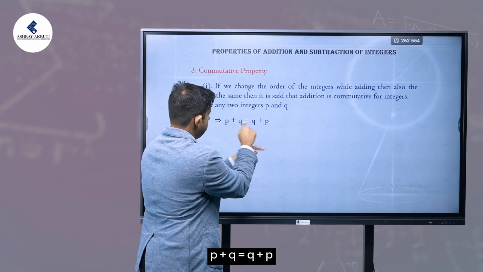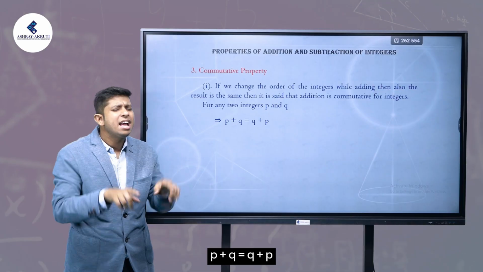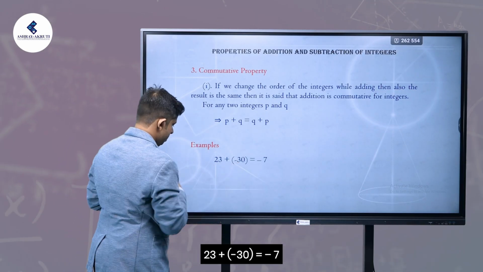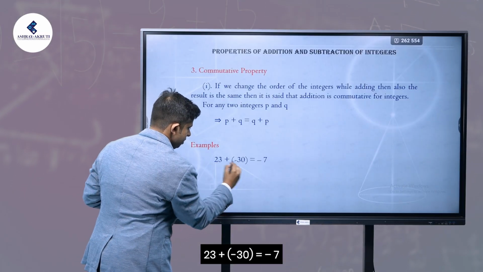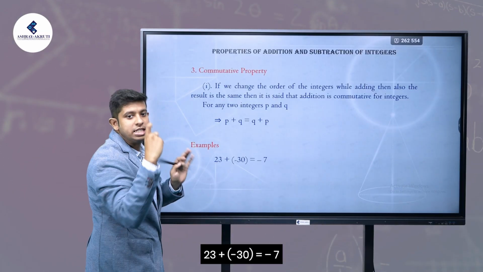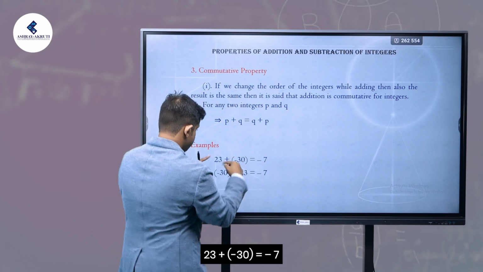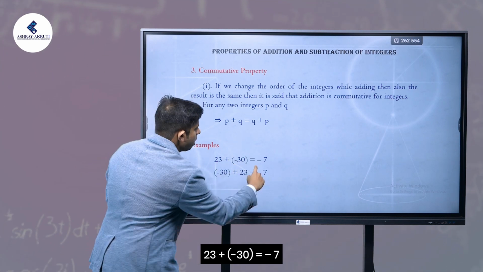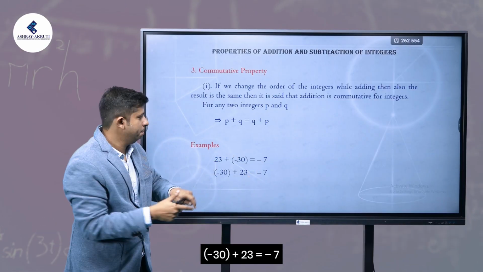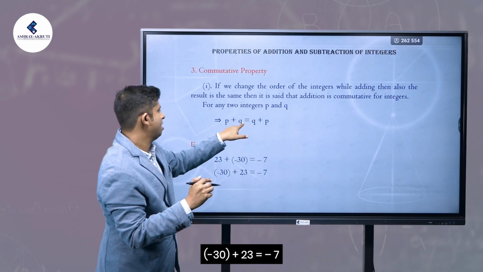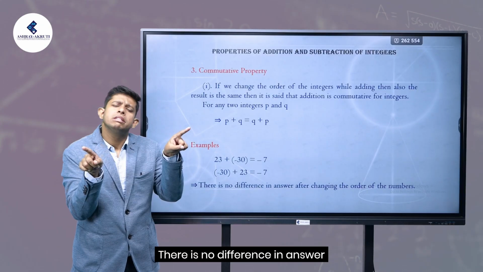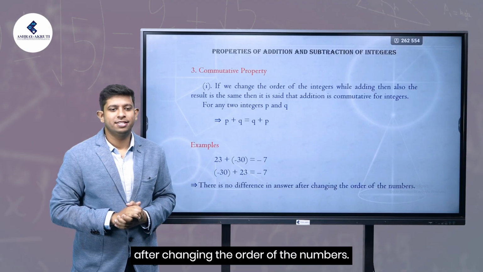Examples: 23 plus -30 is equal to -7. -30 plus 23 is equal to -7. There is no difference in the answer after changing the order of the numbers.